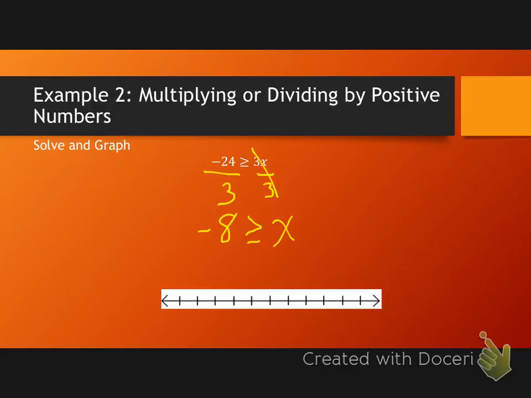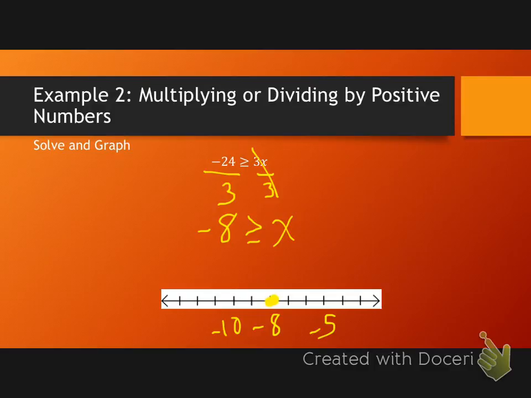So what you're going to do here is look at, say this is negative 8, 7, 6, there's negative 5, this way's negative 10. Now you're looking at this, it's going to be a closed circle. So we're going to put a closed circle right here on negative 8.